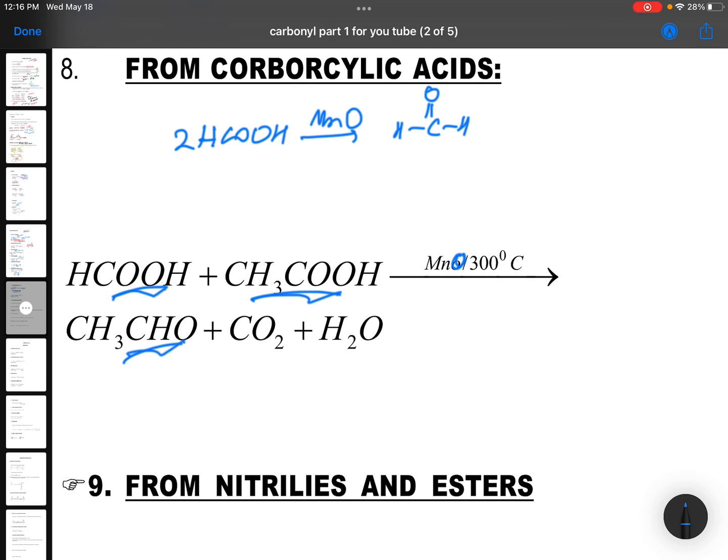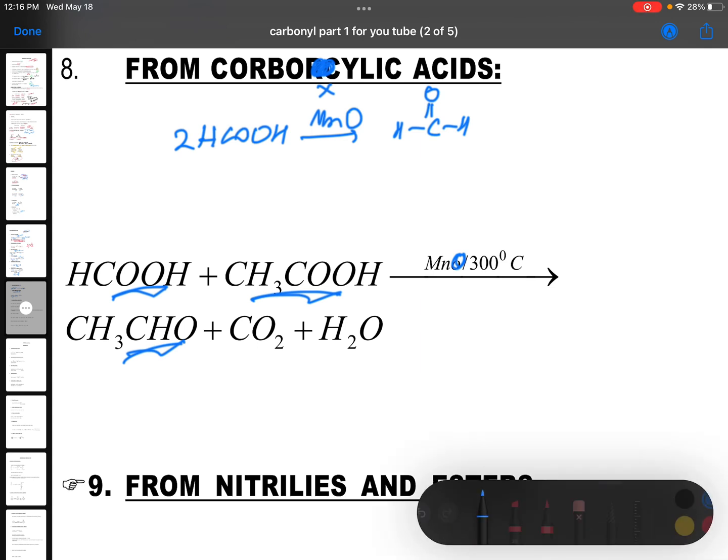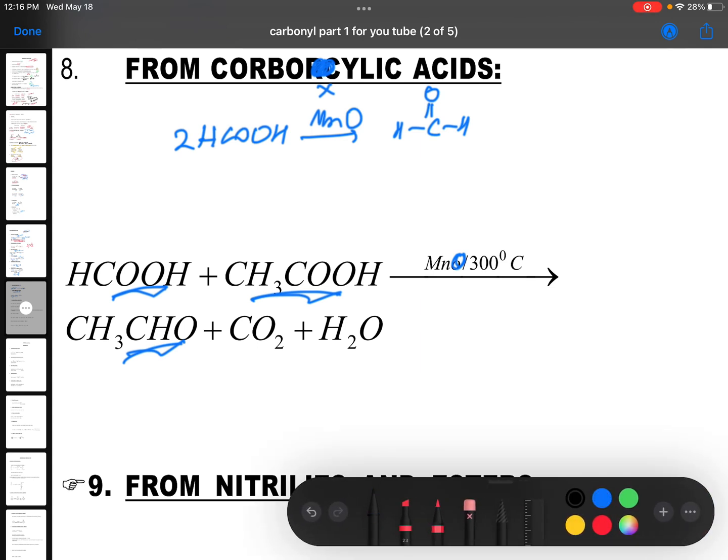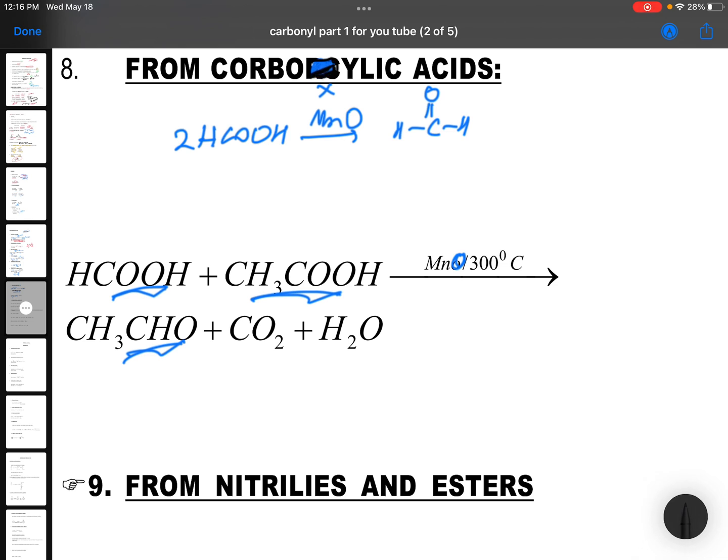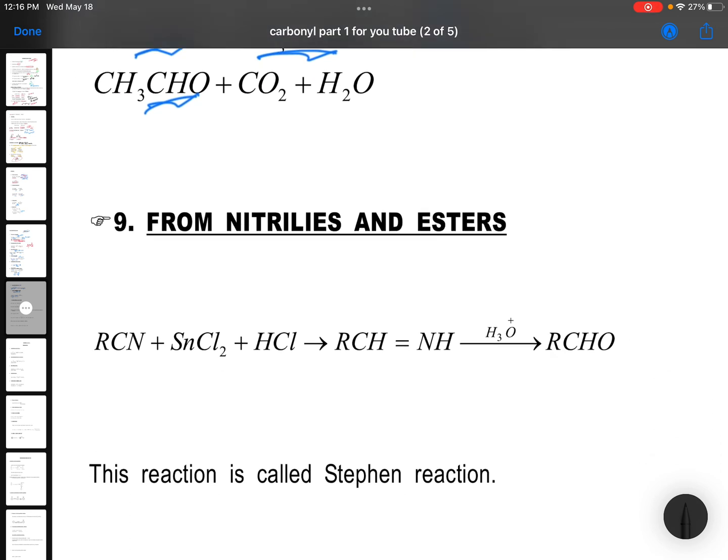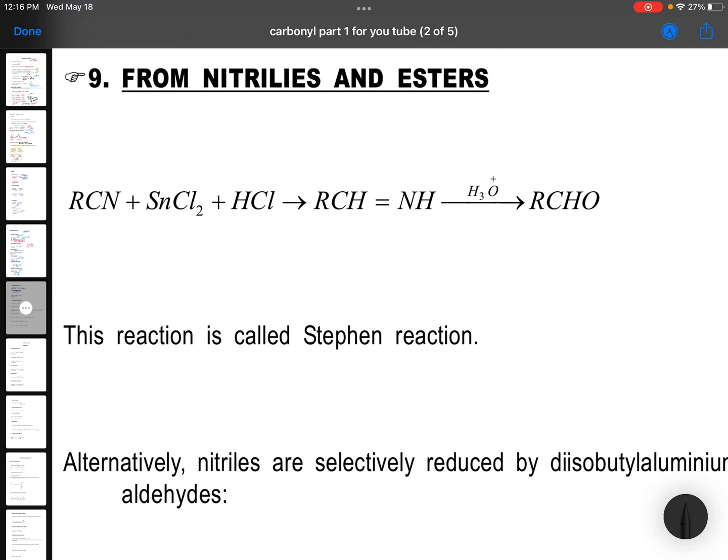MnO, 300 degrees Celsius, from carboxylic acids. Sorry, this spelling is wrong. I apologize for this spelling mistake.